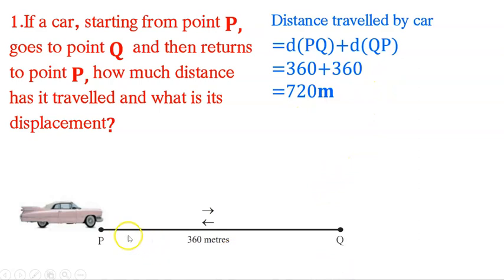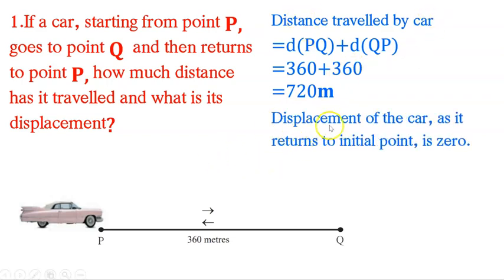The distance between P and Q is 360 meters for each. Okay, 360 plus 360, then you will get 720 meters. This is the distance traveled by the car. The displacement of the car, as it returns to its original initial position, is therefore 0.